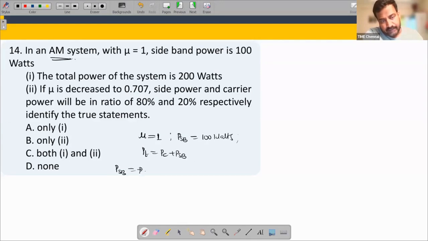Sideband power is PC into mu square by 2, given as 100 watts. 100 is PC into 1 by 2, mu is 1. So carrier power is 200 watt.